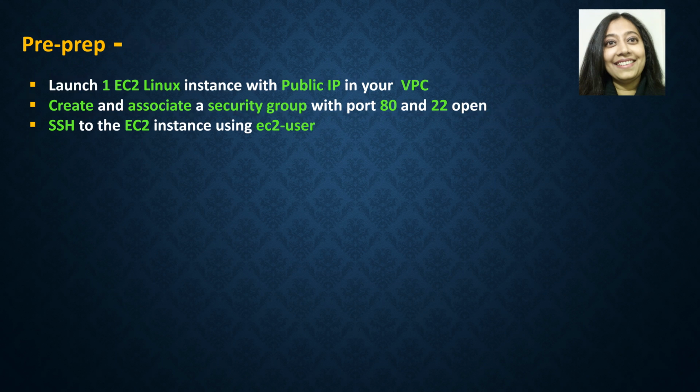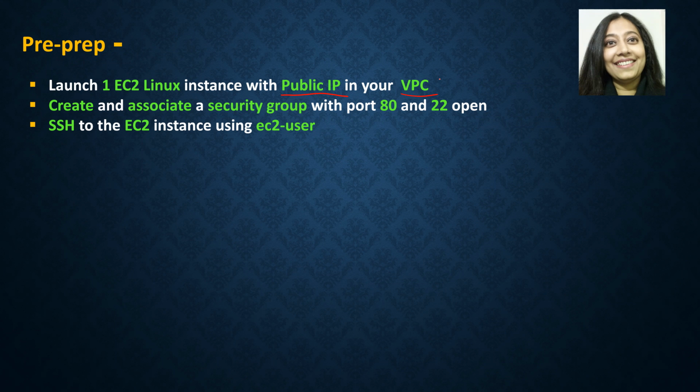Pre-prep for this lab. You need to go ahead and launch one EC2 instance with one public IP associated to it in your VPC. This could be any VPC. If you don't have an existing VPC, just launch this EC2 instance in your default VPC.